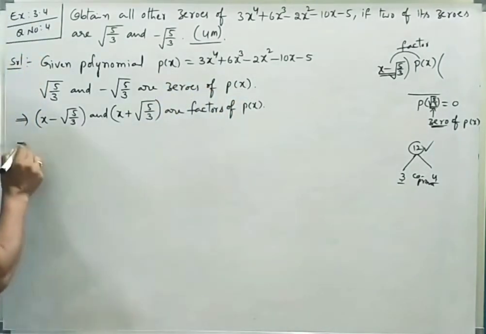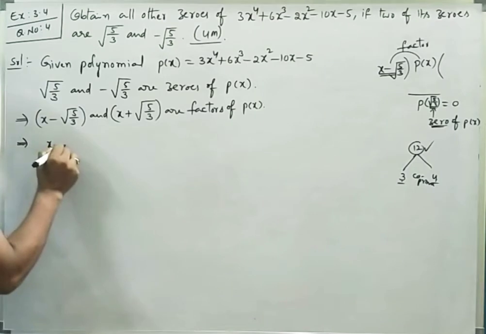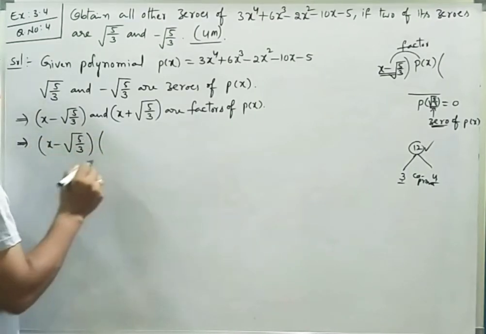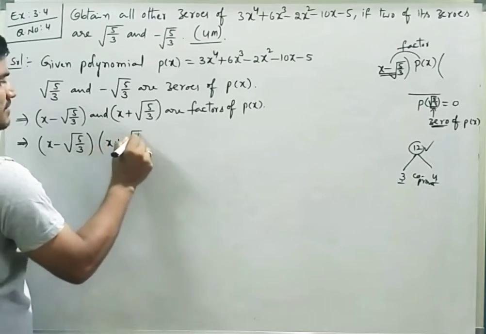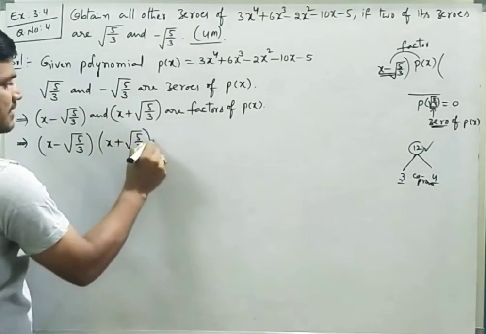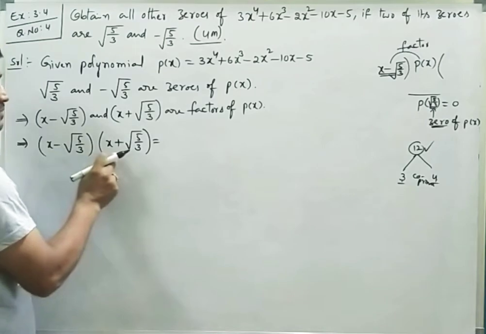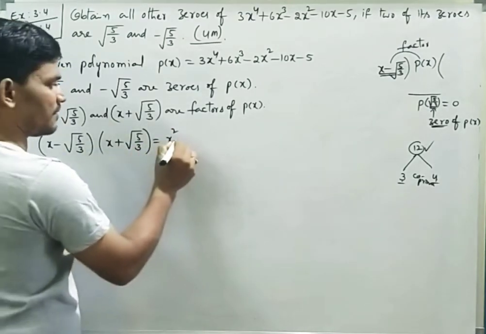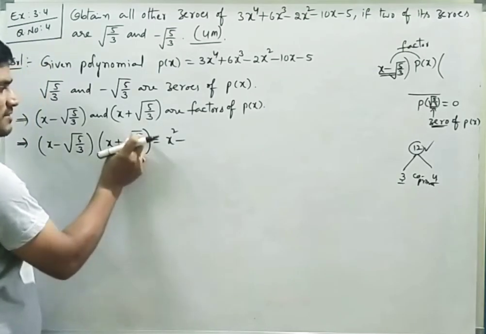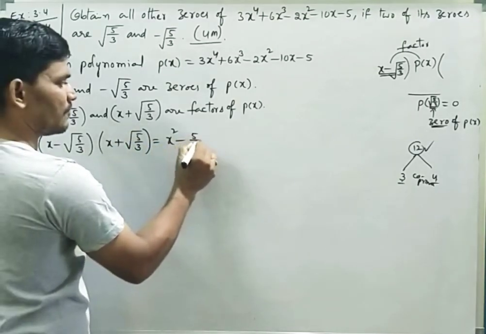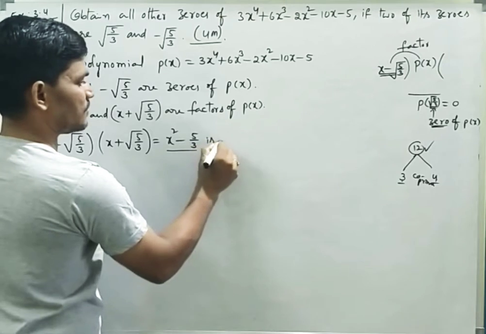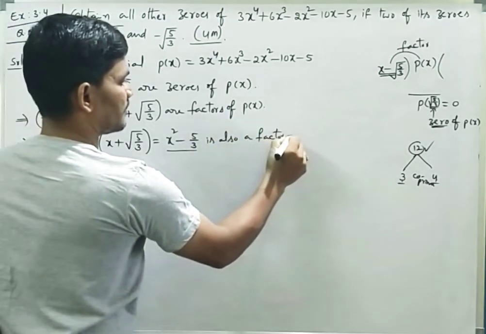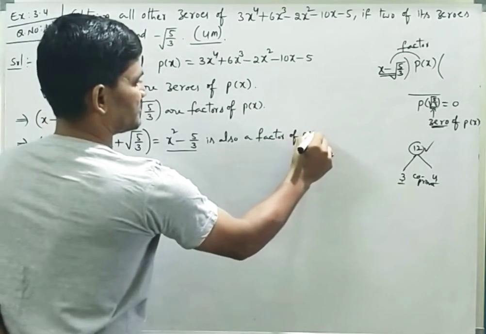So, x minus root of 5 by 3 into x plus root of 5 by 3 is equal to, that is a minus b into a plus b, a square, that is x square, minus b square, the square root gets cancelled, so x square minus 5 by 3 is also a factor of p of x.